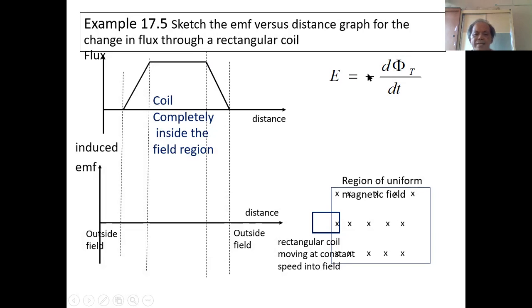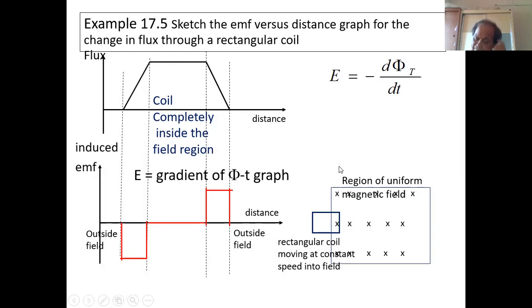So we apply that there, we just use the gradient. It's a constant gradient, and in this part the gradient is 0. In that part, negative, negative, negative becomes positive.